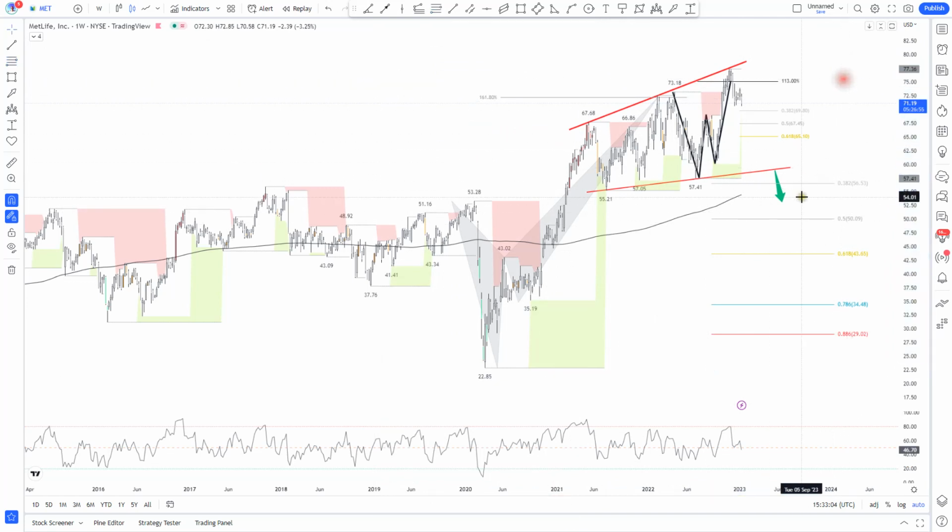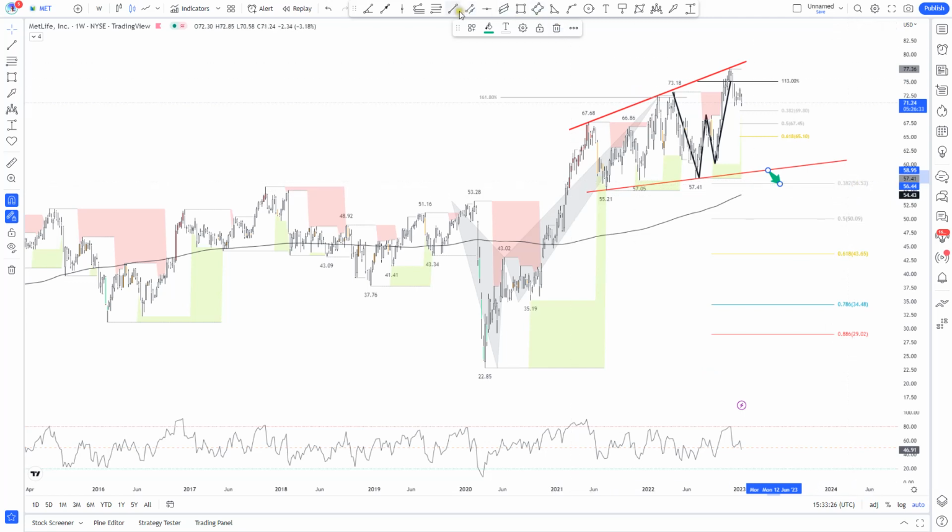So as you can see, we have the 38% Fibonacci retracement, which will depend on where the price will break this ascending trend line. But imagine a situation where the price breaks below this structure. Immediately below, we have the major 38% Fibonacci retracement level.